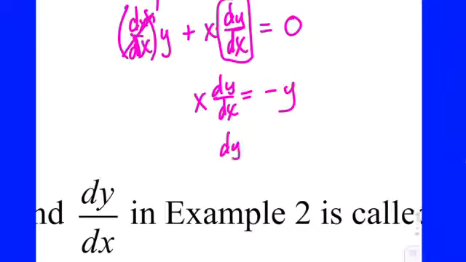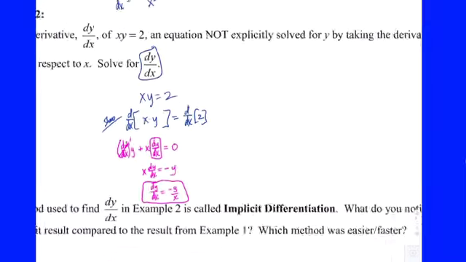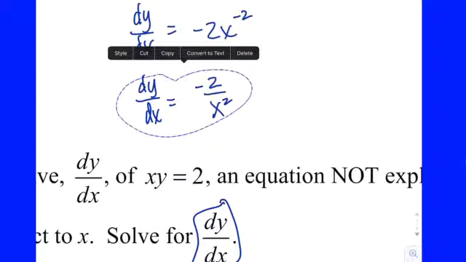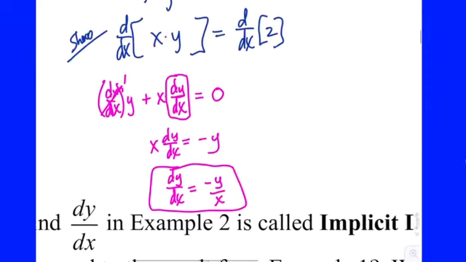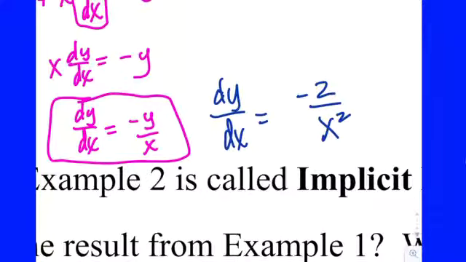And now I'll divide through, and I get dy dx equals negative y over x. And there I have solved for dy dx, and if I compare it to what I got on example 1, let me come up here and grab that, they should be exactly the same. And this will prove that they are both viable methods, right? They are exactly the same, aren't they?